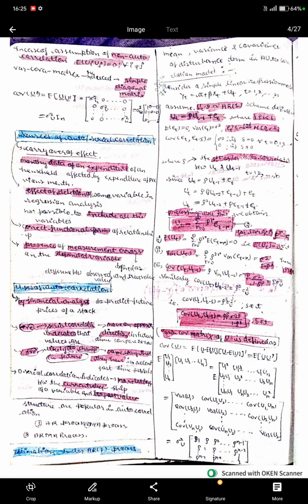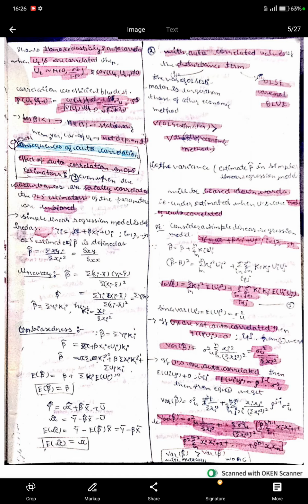In the matrix the diagonal elements will be 1, 1, 1 and the non-diagonal elements are: first row 1, rho, rho squared and so on up to rho to the power n minus 1; second row rho, 1 and so on up to rho to the power n minus 2; and the nth row rho to the power n minus 1, rho to the power n minus 2 and so on up to 1. It shows homoscedasticity and autocorrelation.